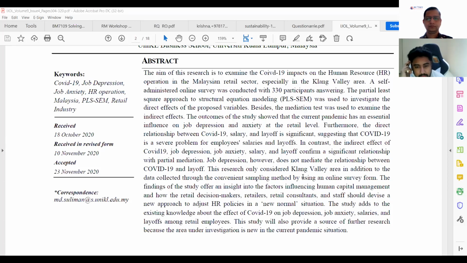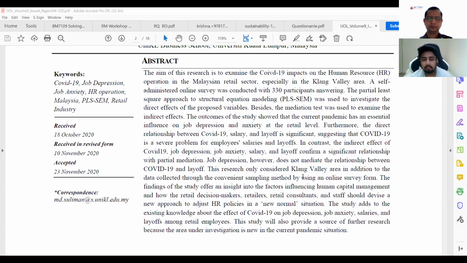This research only considered Klang Valley area in addition to the data collected through the convenient sampling method by using an online survey form. The findings of the study offer an insight into the factors influencing human capital management and how the retail decision makers, retailers, retail consultants, and staff should devise a new approach to adjust HR policies in a new normal situation.